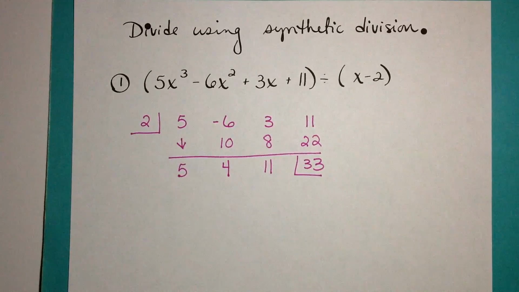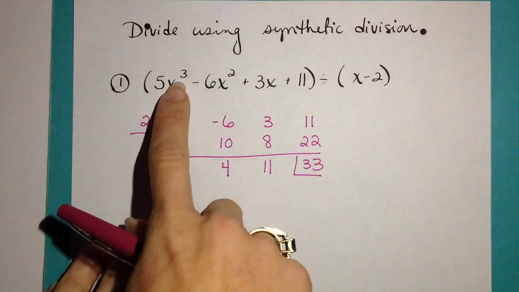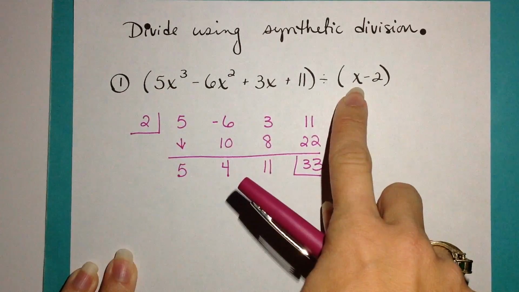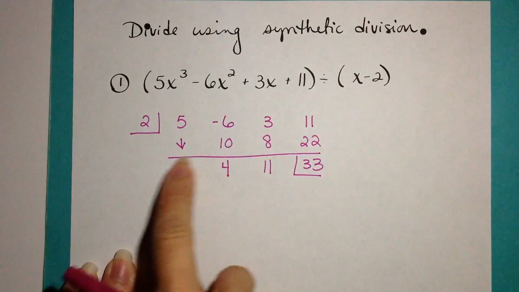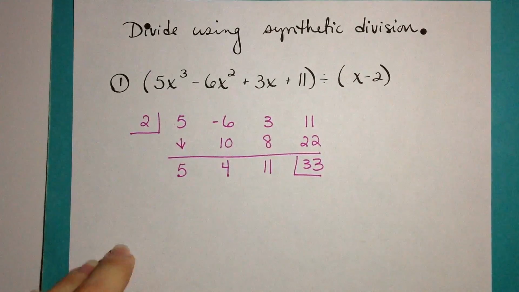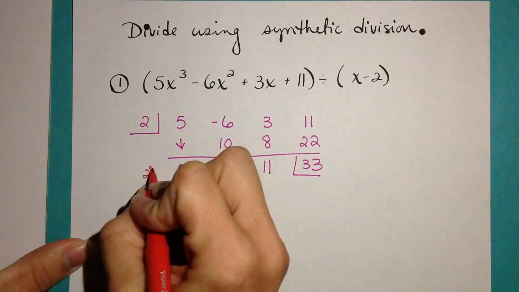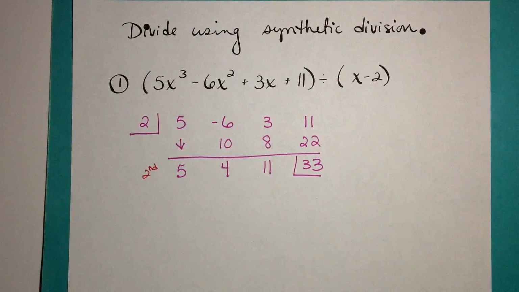Now, I want you to be able to take what you have and put it back as a polynomial, with x to whatever power. This problem was a third power, so once you do the division, with the divisor being to the first power, the numbers you have across the bottom will now represent a polynomial to the second degree.